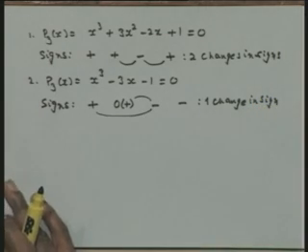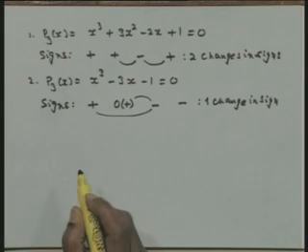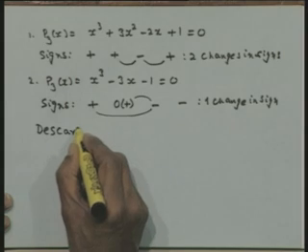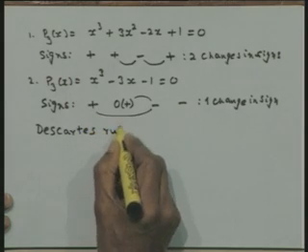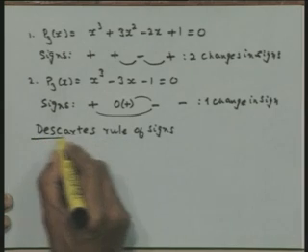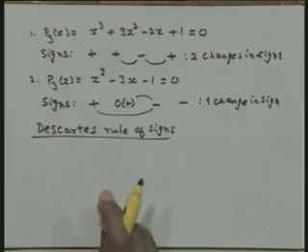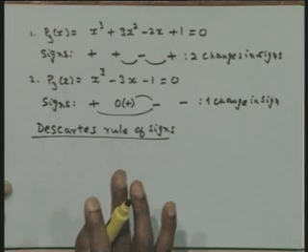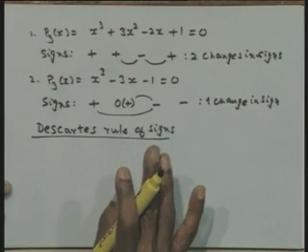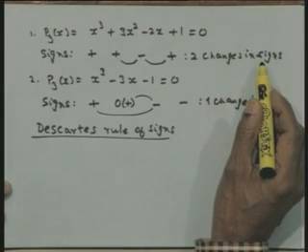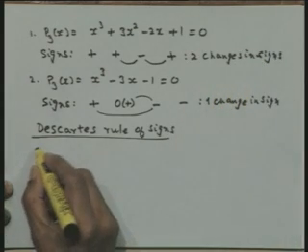Now, based on these signs, we have what is known as the Descartes rule of signs. What it states is the number of positive real roots of a polynomial equation cannot exceed the number of changes in sign. That means, I will explain it again.